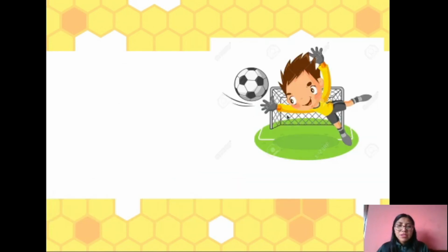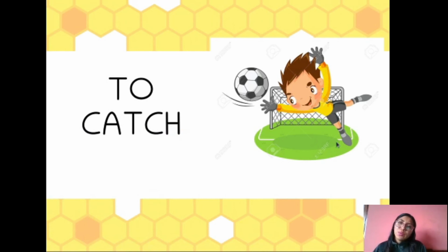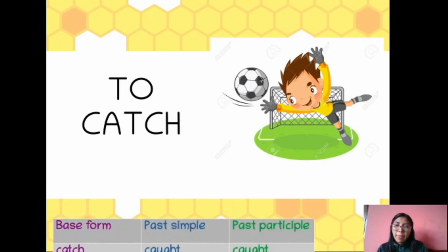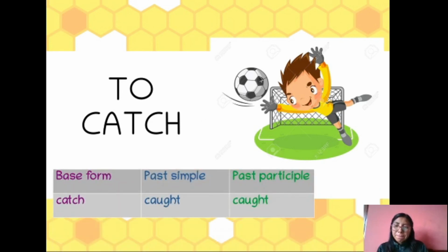And pay attention here. That is a ball and that is a boy. Okay? What is the action? To catch. Okay? What is the meaning? A boy catches a ball. El niño atrapó. Atrapa. So pay attention. Okay? The base form catch.